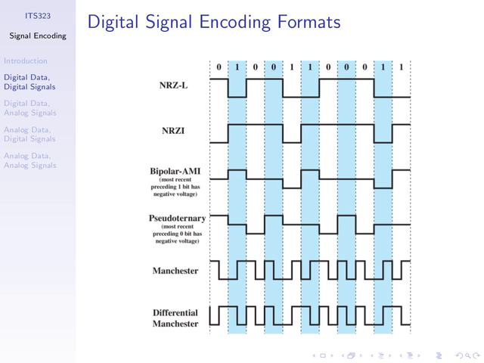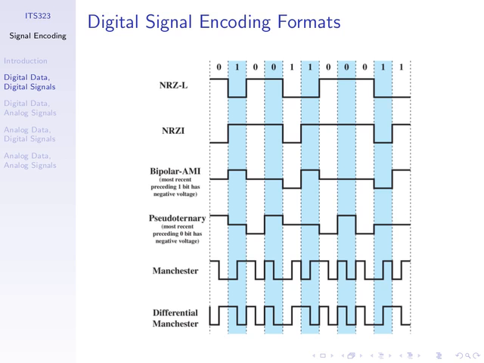Which one is our very simple case? Of those 6 encoding schemes, which one is the one we've used in many examples? The first one, obviously. Bit 0, high signal, say a positive voltage.